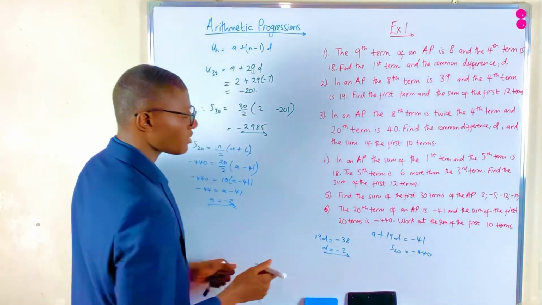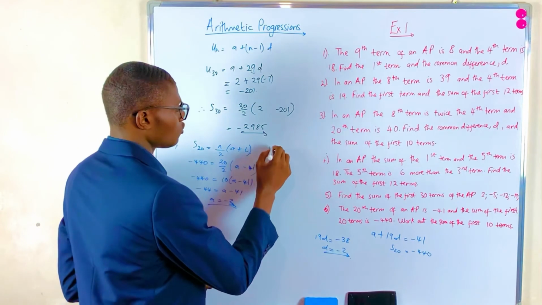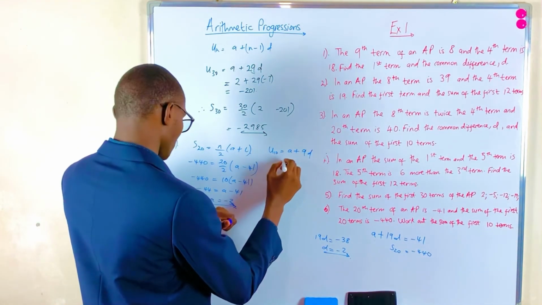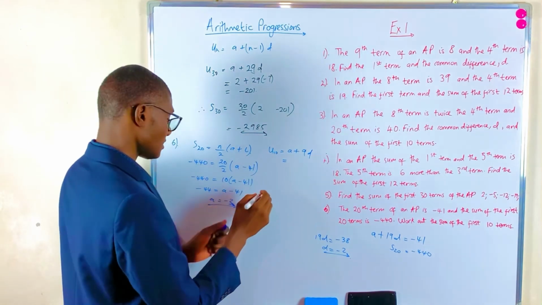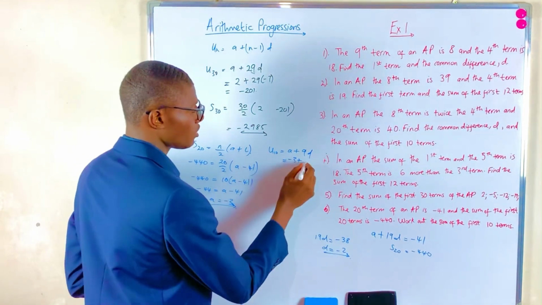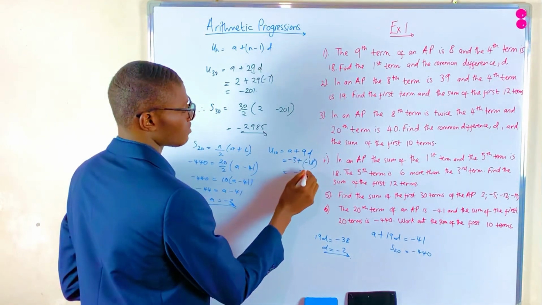So there's the common difference, such that the 10th term, u10 in actual fact, which is a plus 9d, would be equal to first term minus 3 plus 9 times minus 2, that's minus 18, like this, which will give us minus 21.